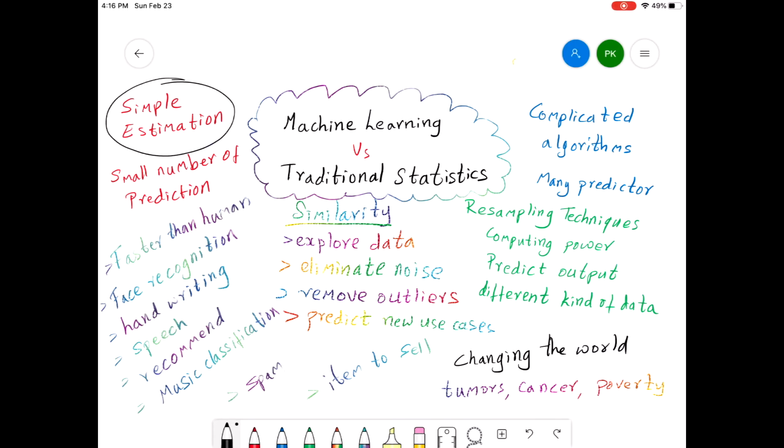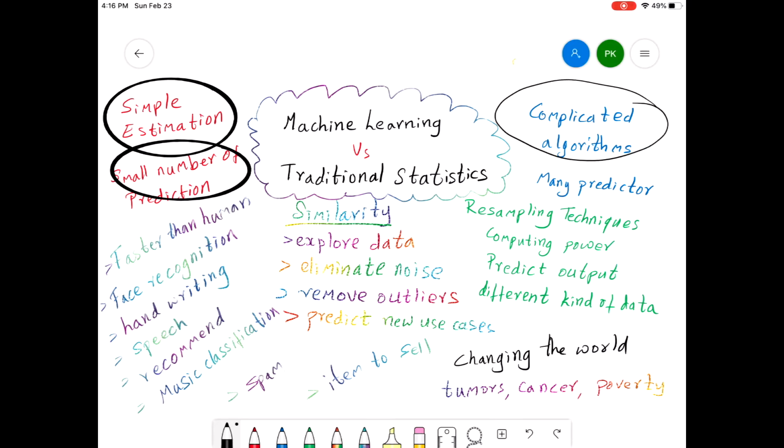But when it comes to machine learning, we use complicated algorithms like KNN, support vector machines, random forest, and we also move to deep learning. We use these complicated algorithms on many predictors, that is a wide number of data, that produces high classification accuracies.